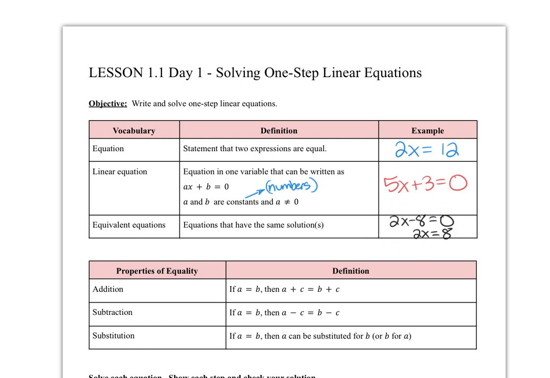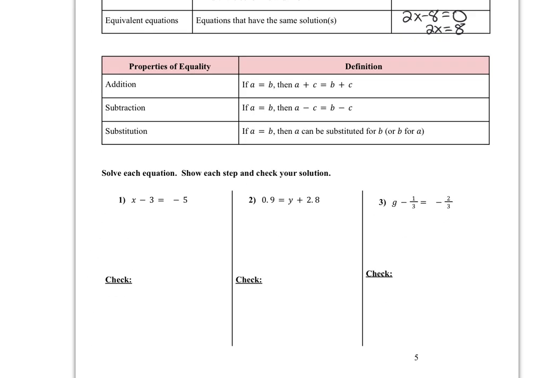So, for example, the solution for this one I know is 4. Well, 2 times 4 minus 8: 2 times 4 is 8, and 8 minus 8 is 0. So that's one solution for this one. This one also has 4 as a solution. 2 times 4, yes, that does equal 8. So they are equivalent equations because they have the same solution.